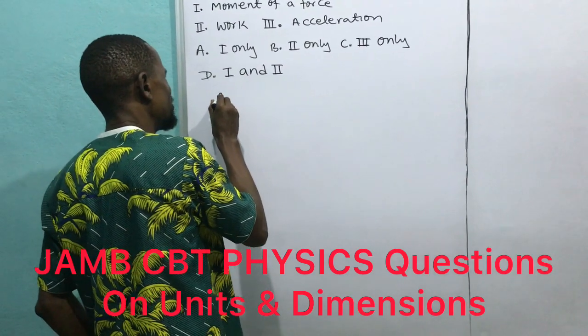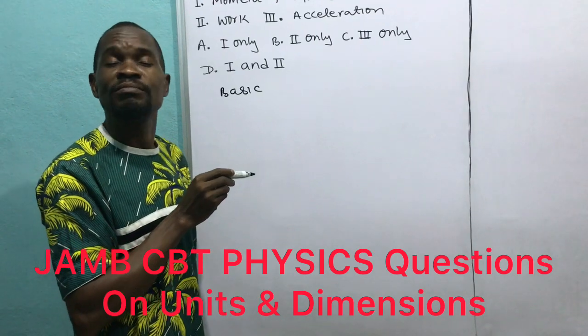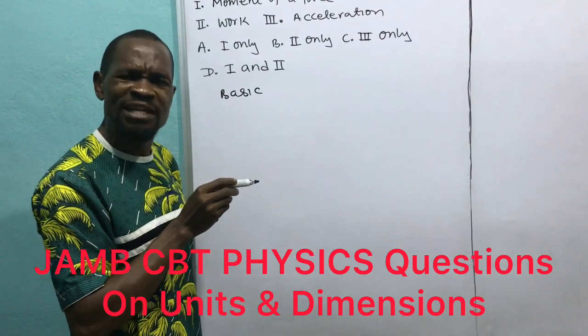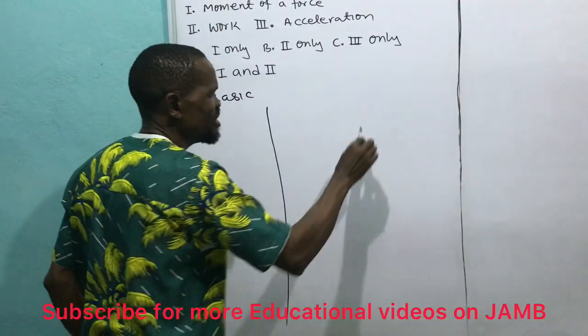Let's go into this first. Basic units: we have 7 basic units. Can I give you the names of the 7? Let me rush through it immediately.